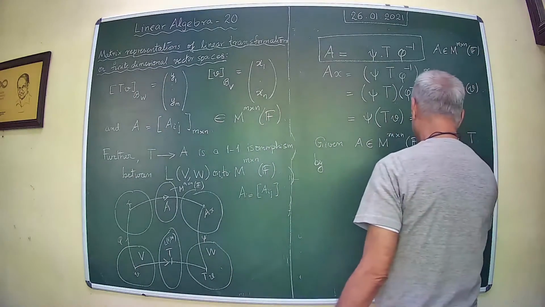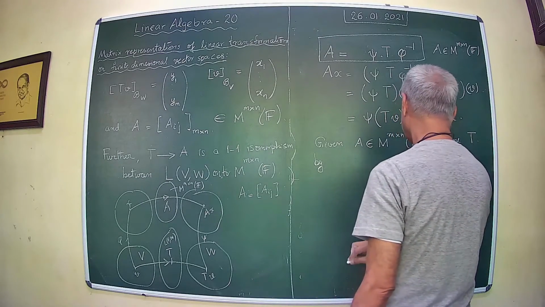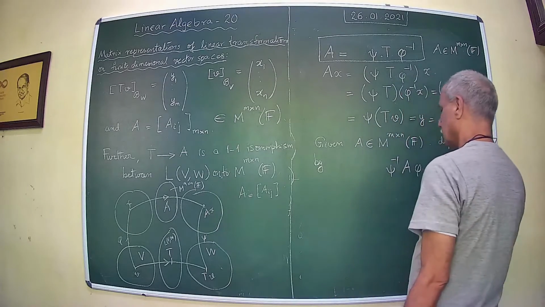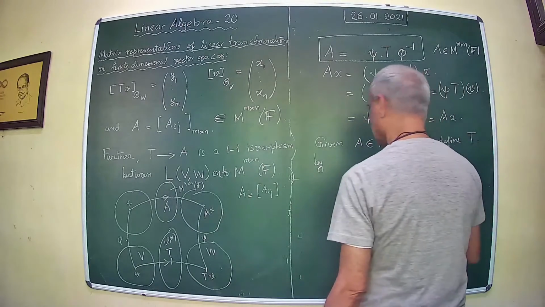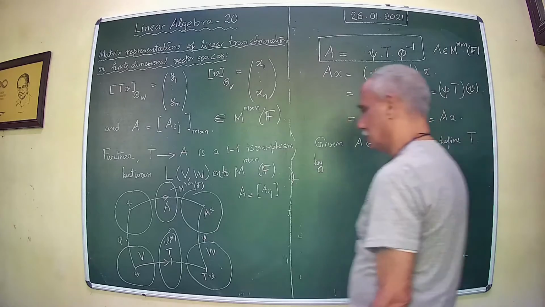Take phi here, then A, then psi inverse, this operating over x. Sorry, operating over Fn.